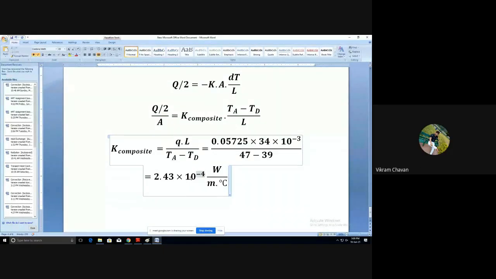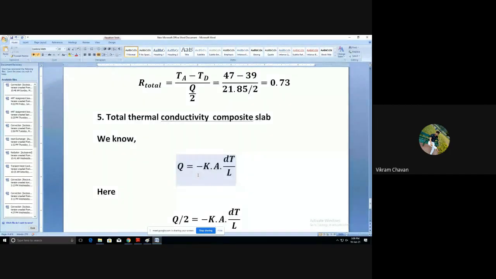Okay, so you'll get 2.43 multiplied by 10 to the power minus 4 watt per meter degree Celsius as K composite. Okay, right, great.